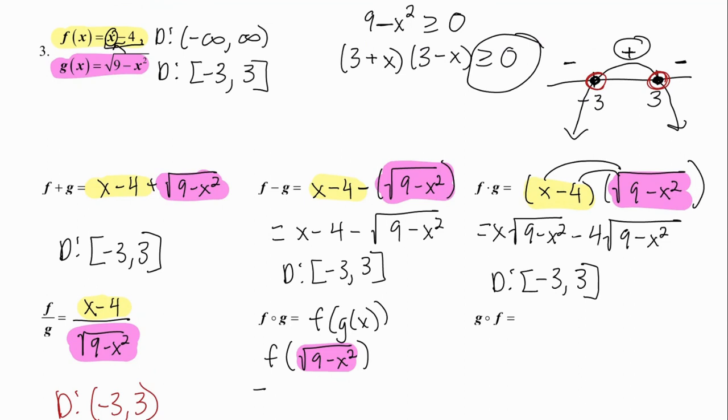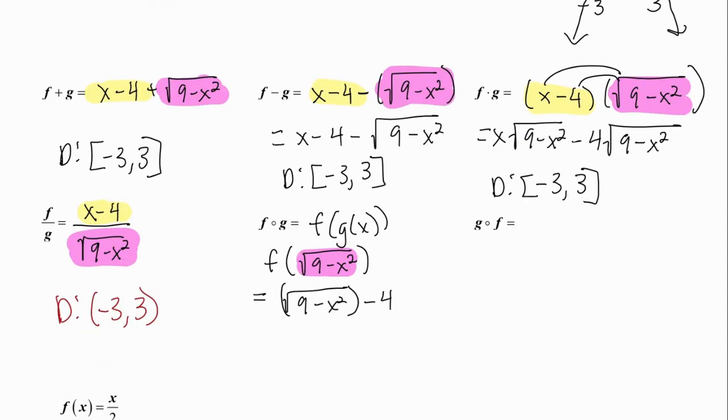So we see x, and we'll put square root of 9 minus x squared in for that, minus 4. This is representing that g that we're plugging in, and this is representing the original function. We can't really distribute anything, but we can just drop those parentheses. So this would be 9 minus x squared minus 4, and we leave it like that. Can't really do much more than that.